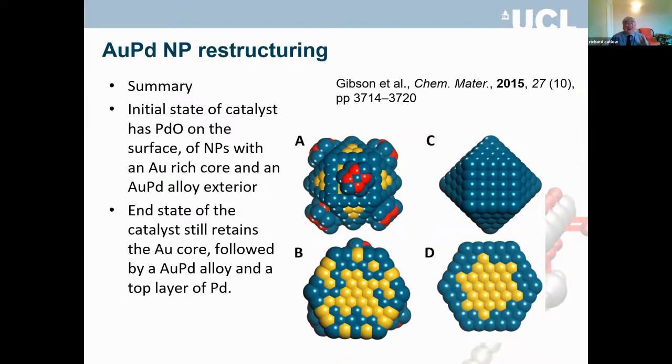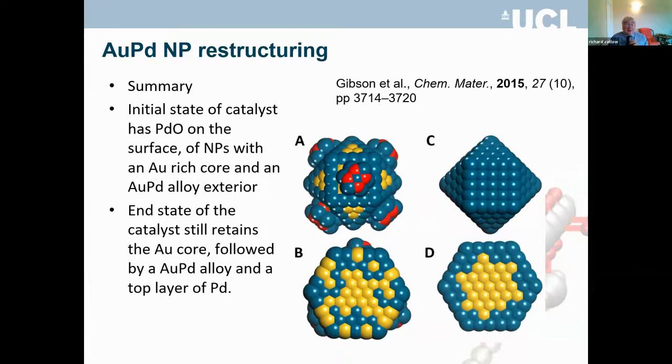What we learned was that the initial state of the catalyst is as shown in the graphics A there. It has oxygen on the surface, a kind of palladium oxide layer. It has a gold-rich core and a gold palladium alloy exterior. You could deduce all that from the combination of the X-ray spectroscopy with the infrared, which was telling you what was happening on the surface.